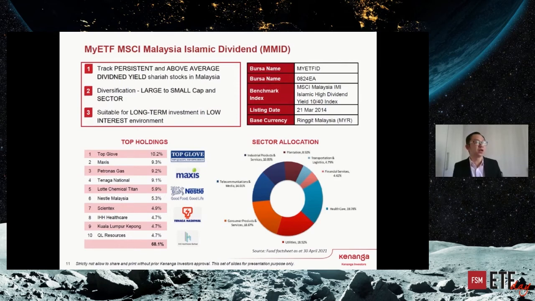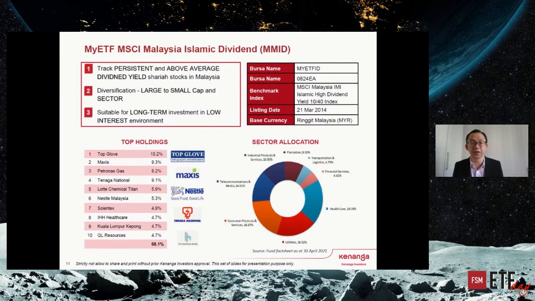A lot of people, when they hear the word dividend, think, I must have the highest dividend. Why do other people pay 8%, 10% dividend, but yours does not? No, we are not selecting the highest dividend, but we select companies that persistently, over many years, pay above-average dividends.